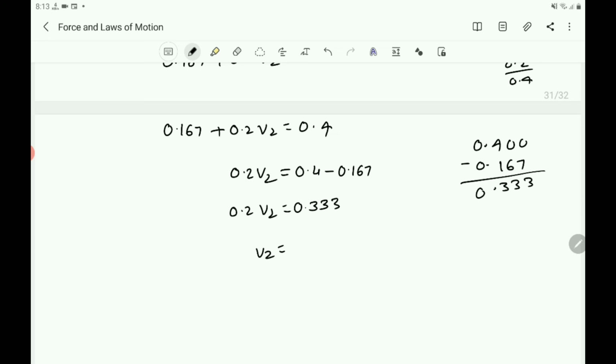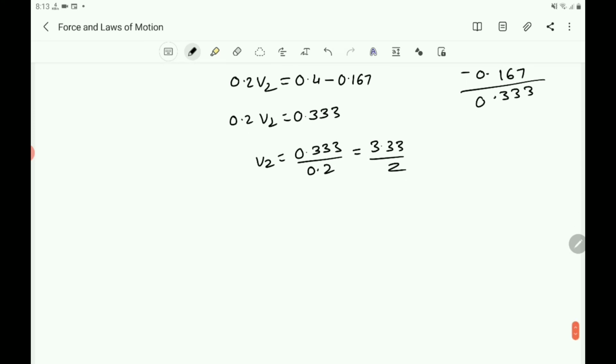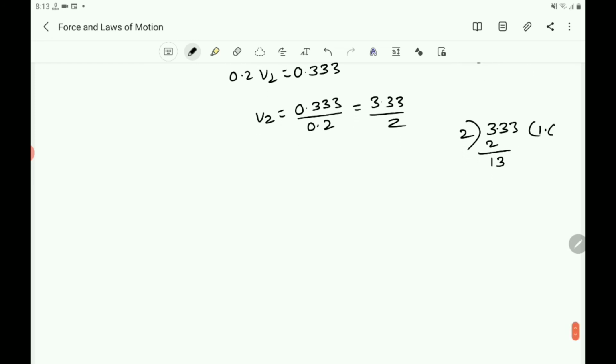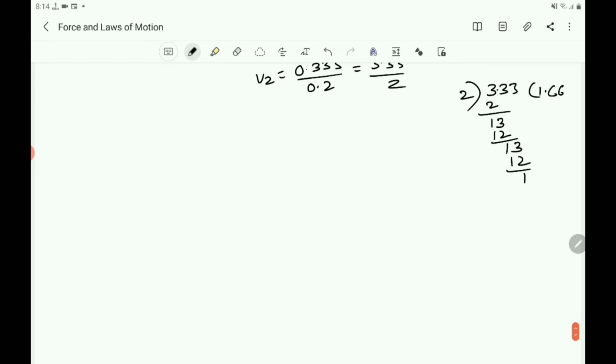Then v2 equals 0.333 by 0.2. So you remove one decimal point, it becomes 3.33 by 2. Then you divide 3.33 by 2. 2 ones are 2, 3 minus 2 is 1, 2 sixes are 12, 1 is remaining, again 3, 2 sixes are 12, 1 is remaining, then again 5.